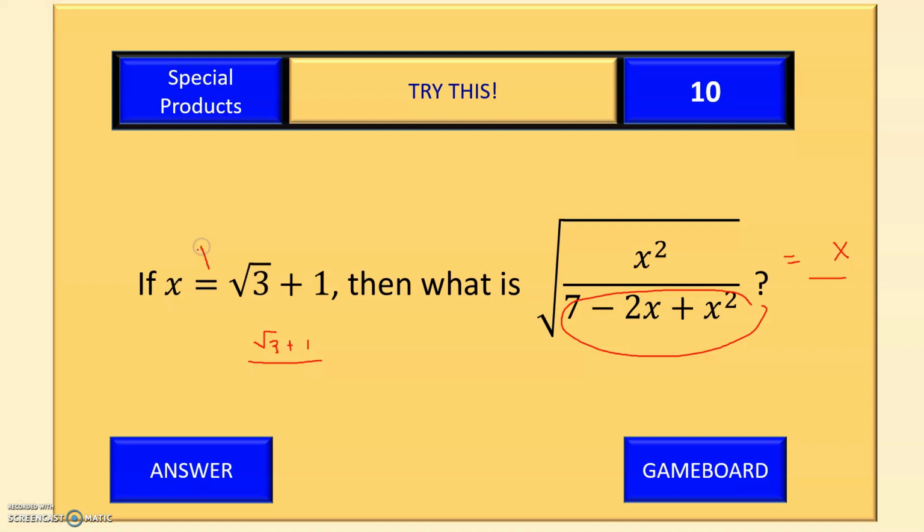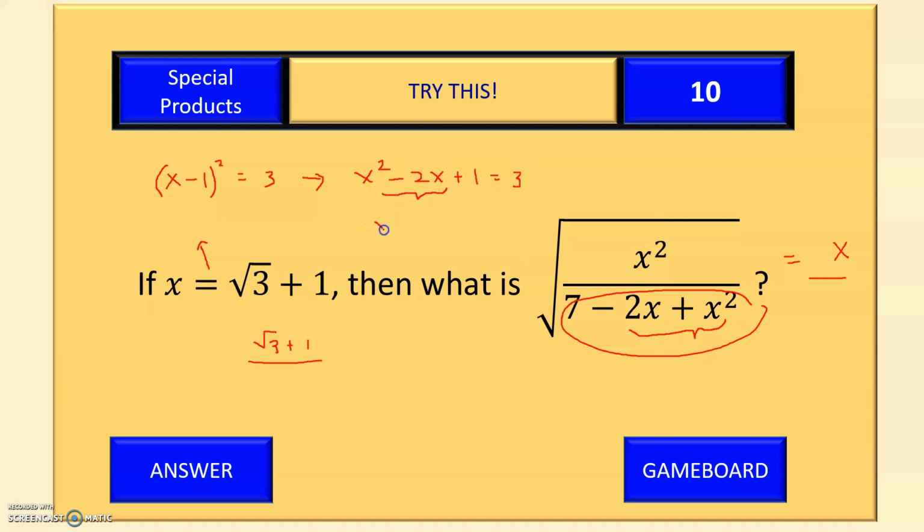So, observe that if I'm going to square this one, let me first transpose the 1 to the left side. That will be x minus 1. If I square it, that's actually equal to 3. That is x squared minus 2x plus 1 equals 3. Now, observe that 7 minus 2x plus x squared is not factorable, but I can have x squared minus 2x.